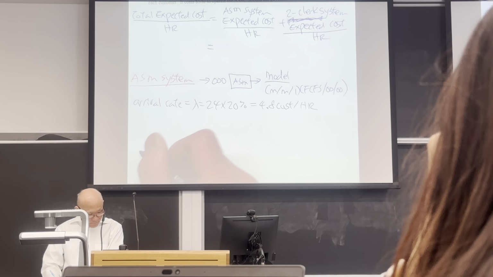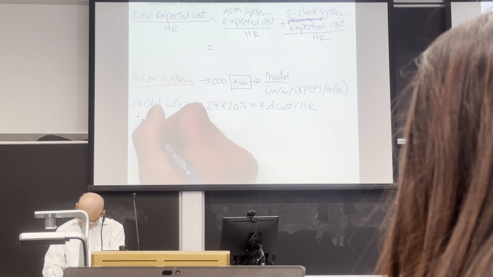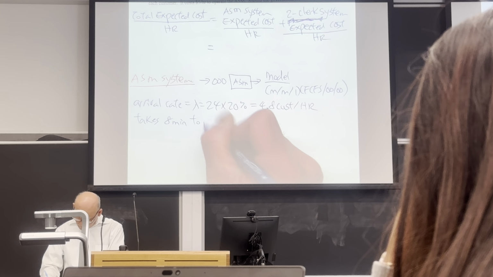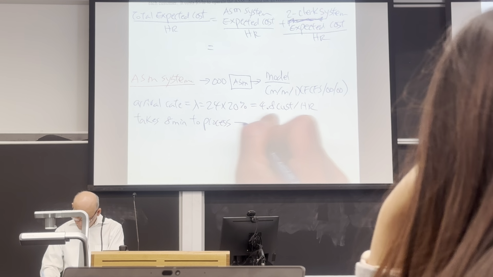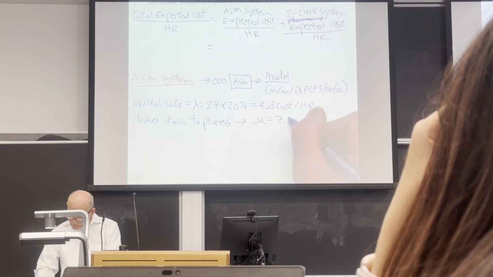For the ASM, it takes 8 minutes to process a customer, and so the service rate is, it can do 7.5 customers per hour.